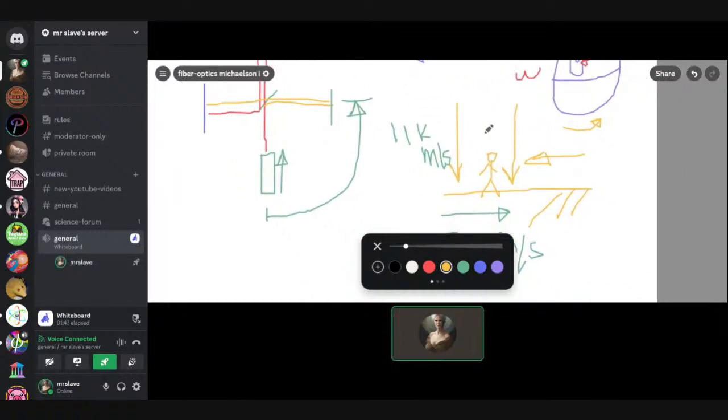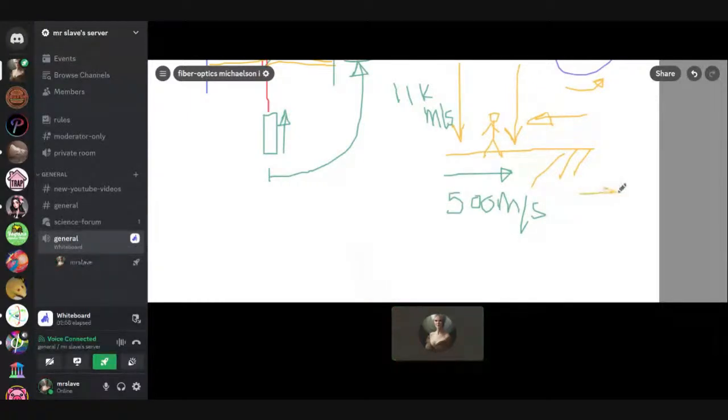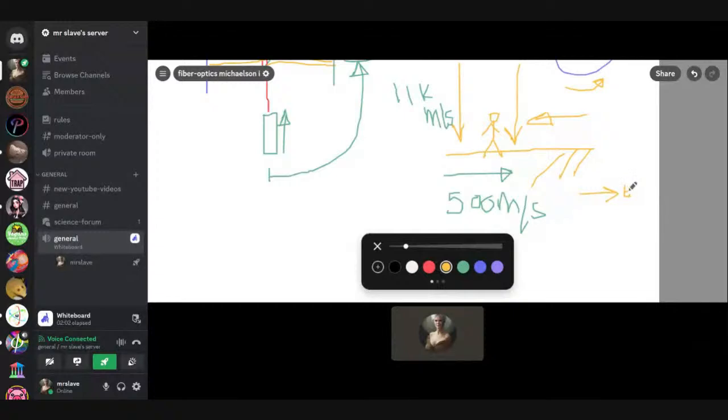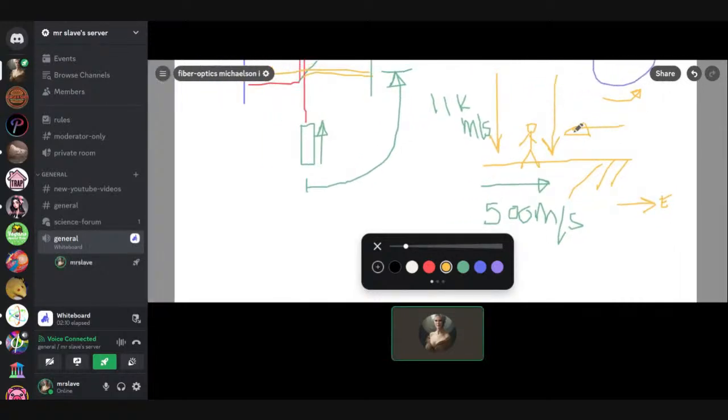All right, so the ether is basically rain coming down. Since the Earth is rotating in Ohio, let's say, at 500 meters per second to the east, therefore, the effective velocity of the ether should be to the west. This is the ether wind, the effective ether wind.